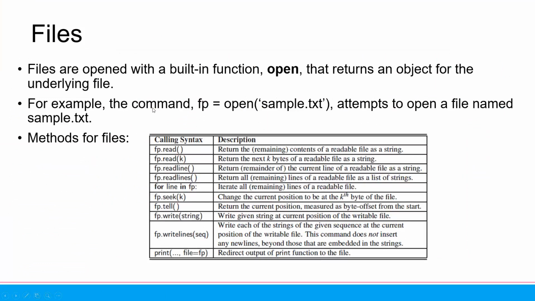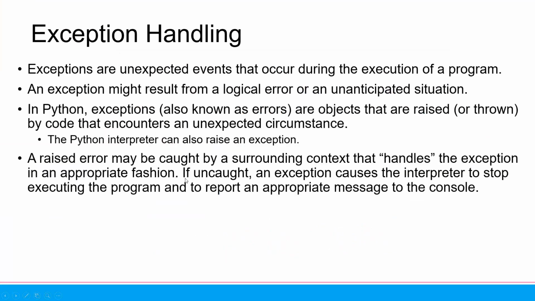For example, the command fp equals to open sample.txt attempts to open a file named sample.txt. So there are some examples to call the file with read, readline, and etc. So let's see.